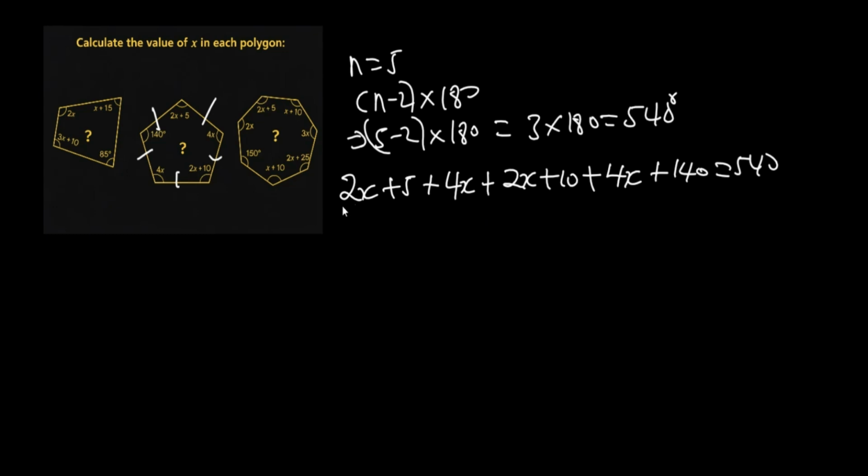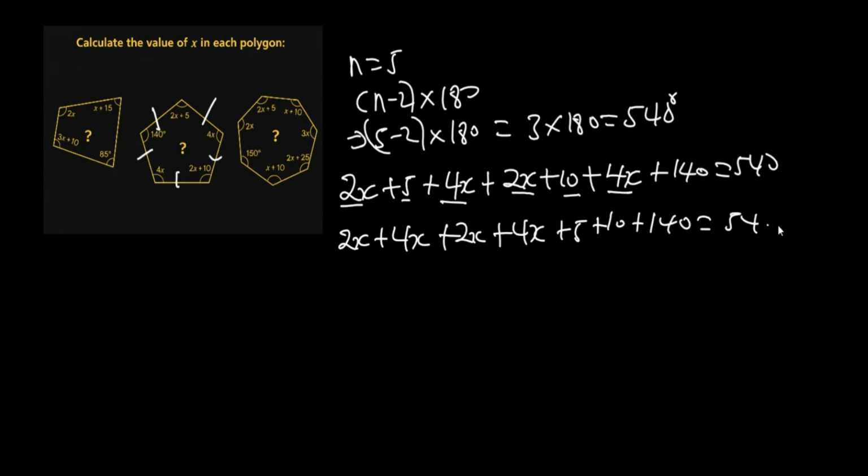Now let's group like terms. I have 2x, 4x, another 2x, and then 4x, so that will be 2x plus 4x plus 2x plus another 4x. The numbers are 5, then 10, then 140, which is equal to 540.